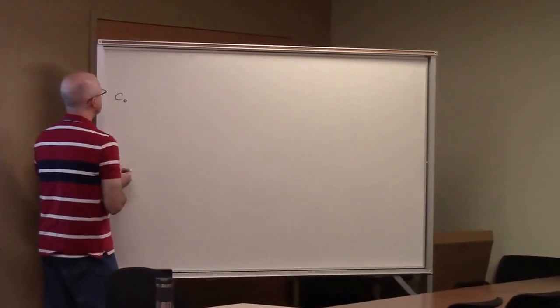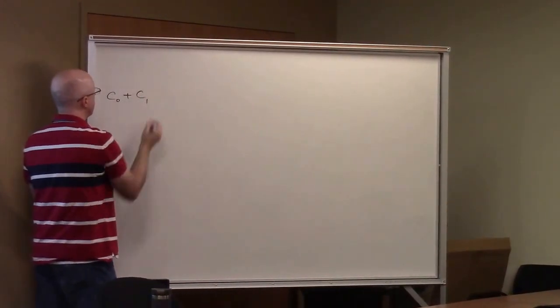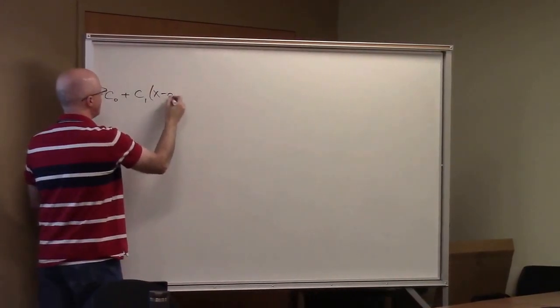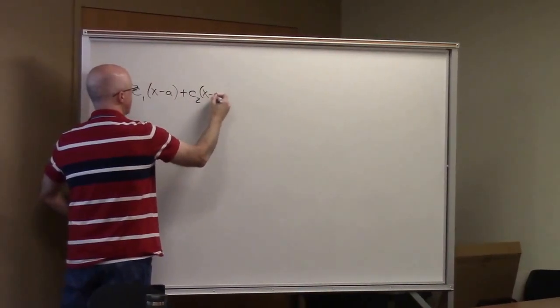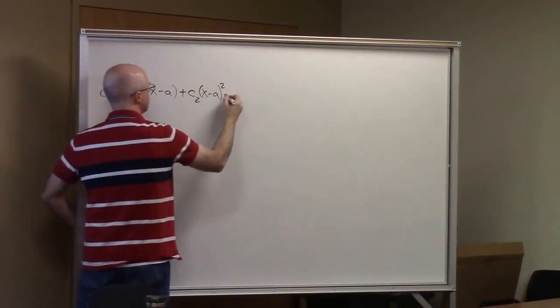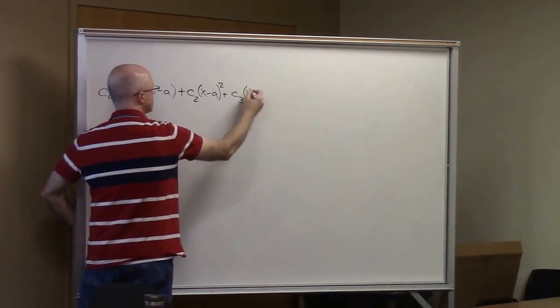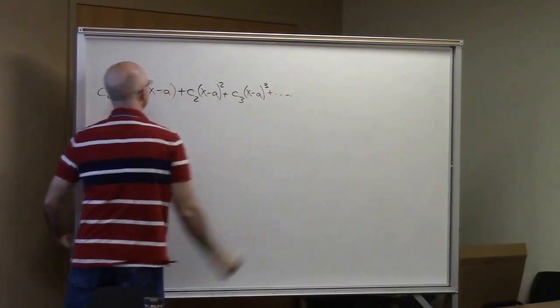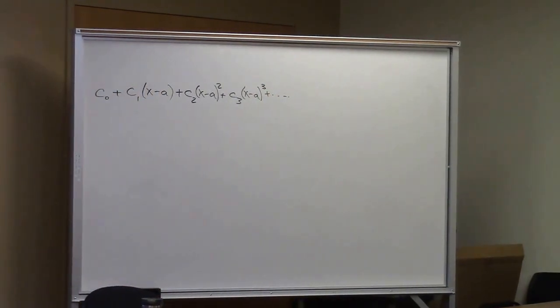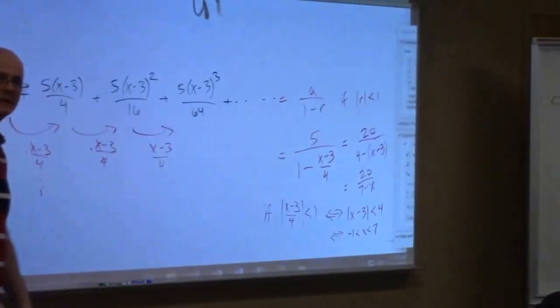Some constant, call it c0, plus another constant c1 times x minus a, plus another constant c2 times x minus a quantity squared, plus another constant c3 times x minus a quantity cubed, etc. a is 3. That's the thing you keep subtracting.